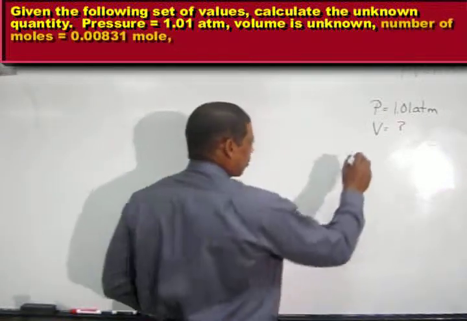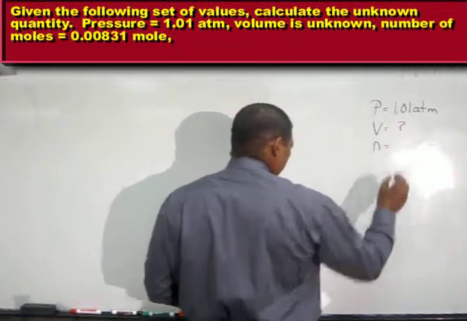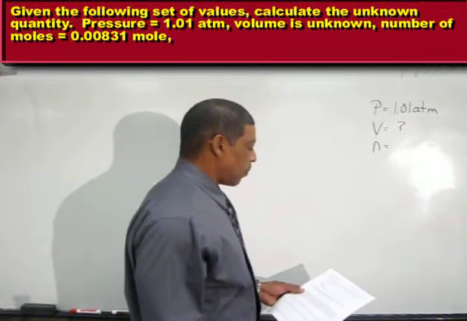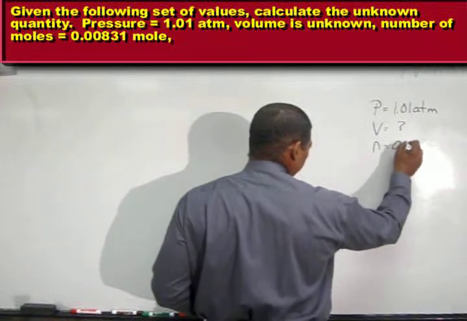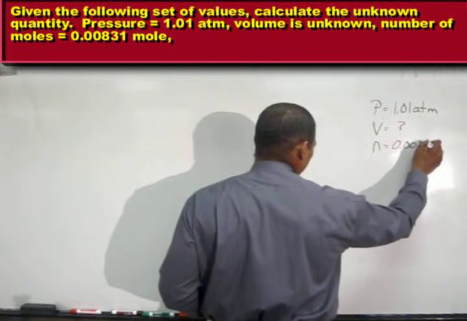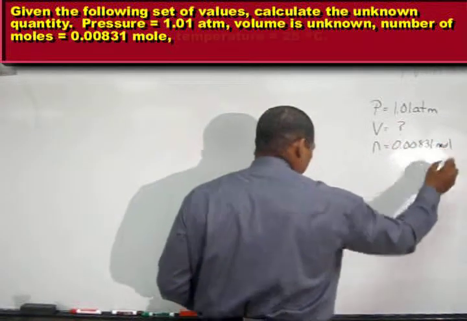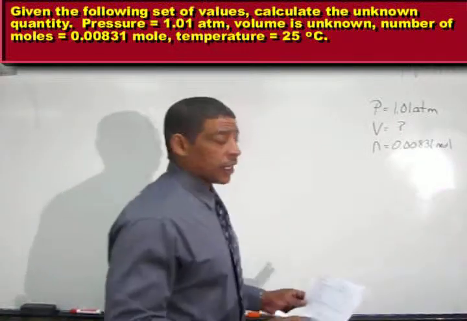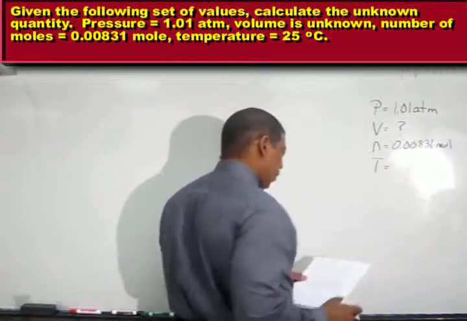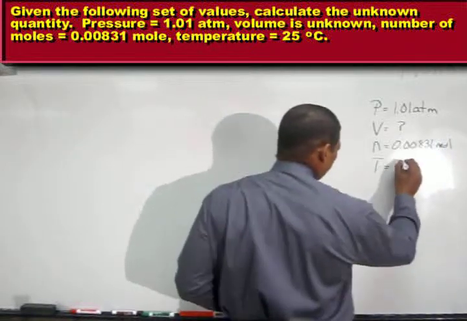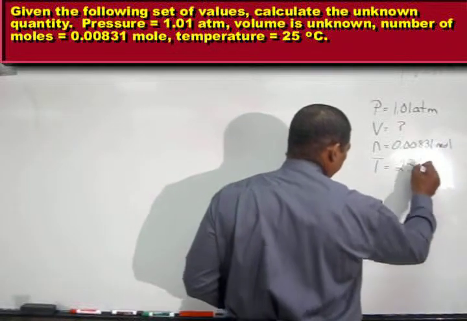The number of moles, or n, is listed at 0.00831. The temperature is indicated in degrees Celsius. So we're given 25 degrees C.